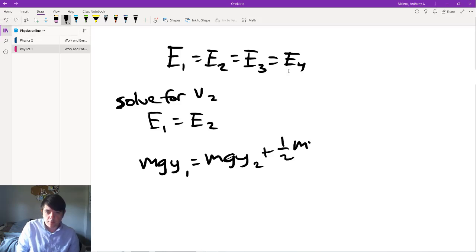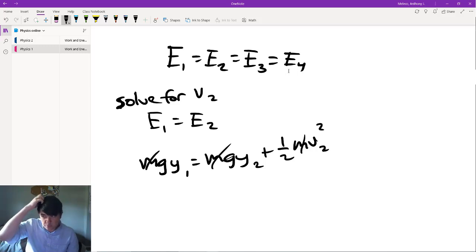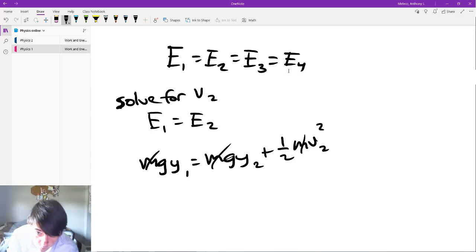I'm going to write this out now. The masses will all cancel, which usually happens with these types of problems. The only way they're not going to cancel is when we have springs, because the spring potential energy isn't a function of mass.